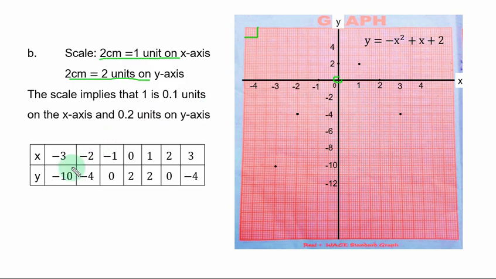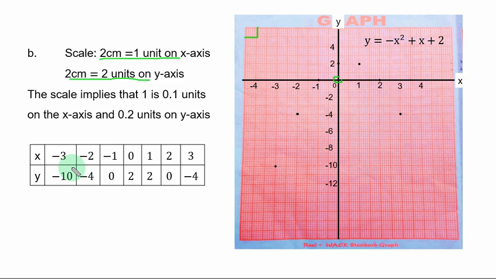You have more negative than positive y values. For that, you don't draw the x-axis at the middle. You have to shift your hand up, thereby giving more space to the negative y values. That is the reason.